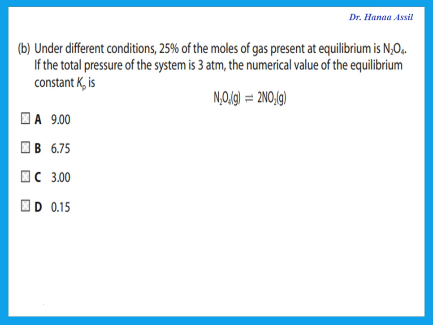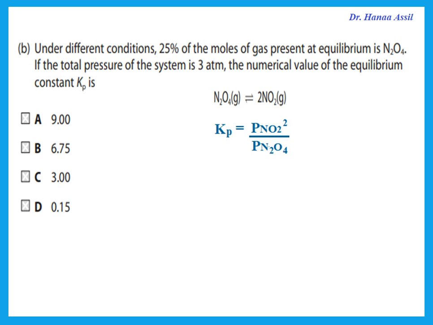Under different conditions, he says 25% of the moles of gas present at equilibrium is N2O4. If the total pressure of the system is 3 atm, what is the numerical value of the equilibrium constant Kp? Well, let us see. Kp should be the partial pressure of NO2 to the power 2 over the partial pressure of N2O4.